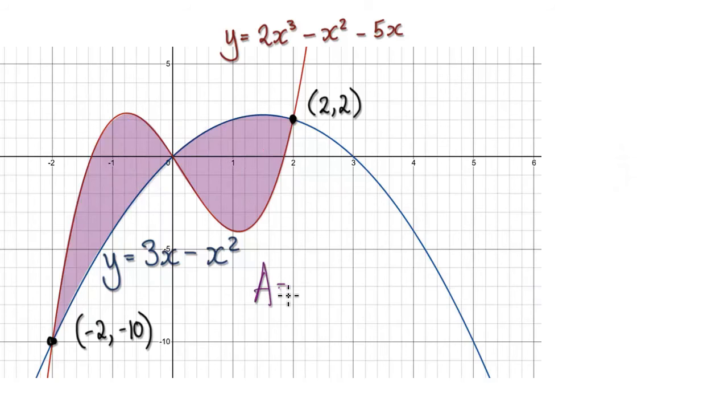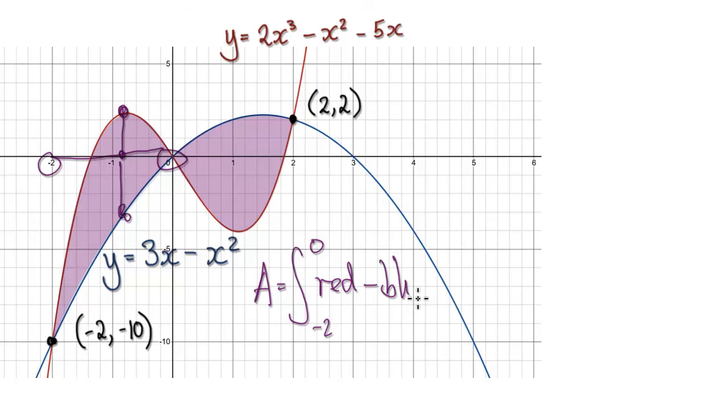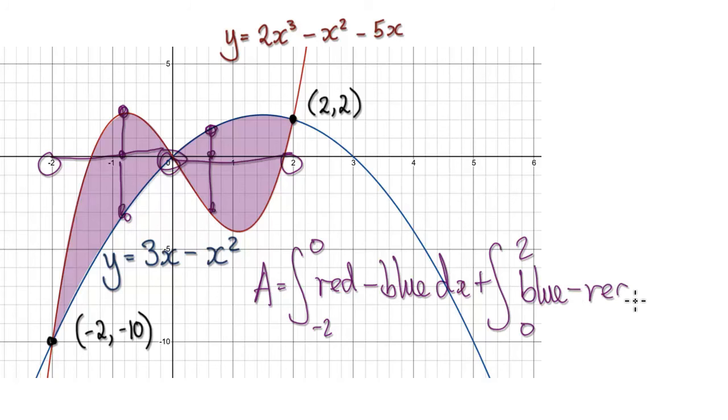Area equals the integral from negative 2 to 0, and in this region you have to get red take away blue, dx, and then plus another integral from 0 to 2, and in this region you have to get blue take away red, dx.